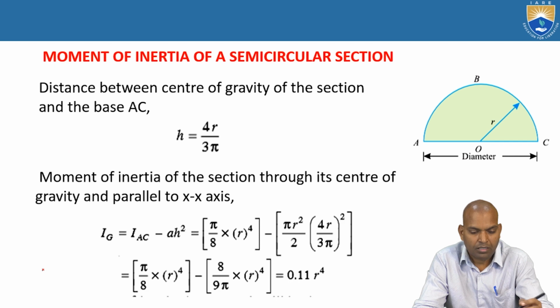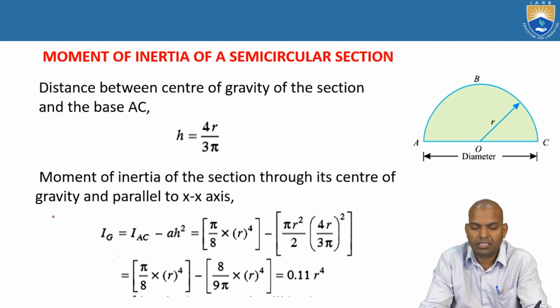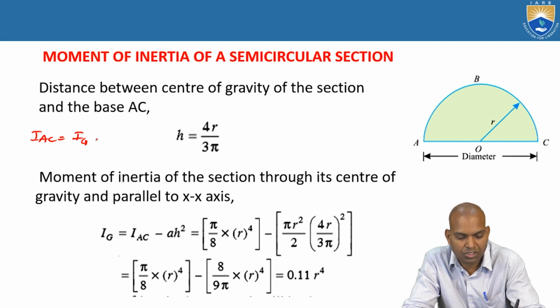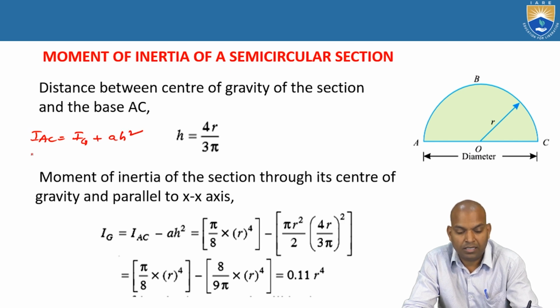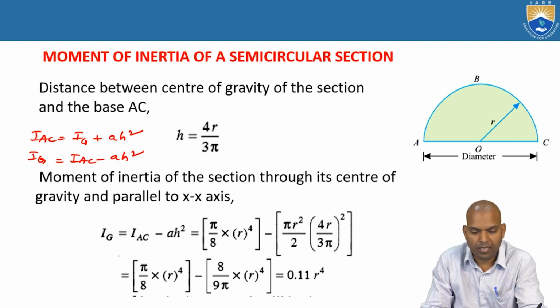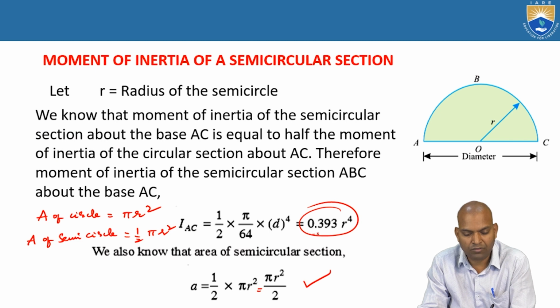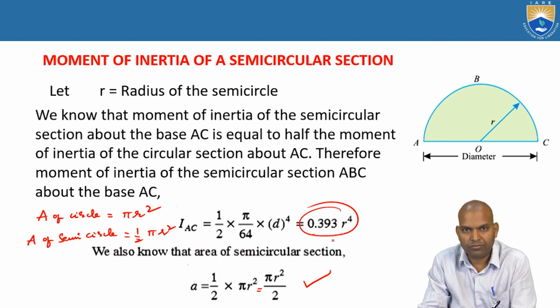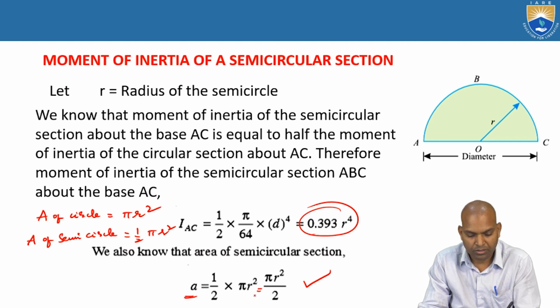Now, the moment of inertia of the section passing through the center of gravity and parallel to the x axis: from the parallel axis theorem, I_AC equals I_G plus A h square. Then I_G about the centroidal axis equals I_AC minus A h square. I_AC about the base, just now calculated, is 0.393 r power 4, or pi by 128 d power 4, and the area is pi r square by 2.